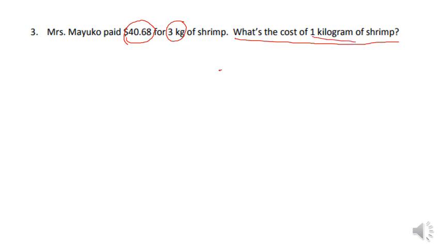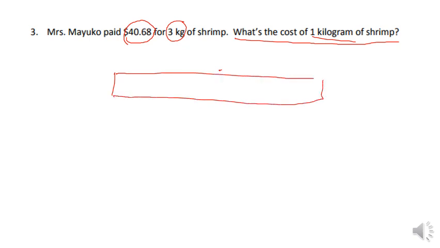So if I was to draw a tape diagram, I would have it looking like this. Tape diagrams help us determine what we have to do to solve the problem. I know the total here from the problem was $40.68. And that was for 3 kilograms. So I'm going to split this up into 3 kilograms because this is 1 kilogram.